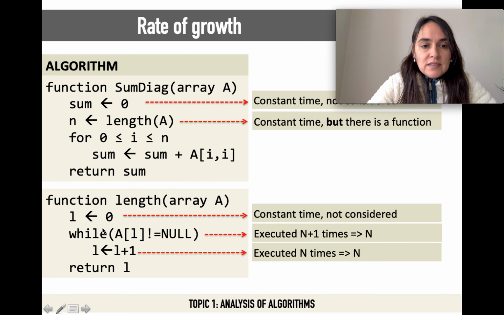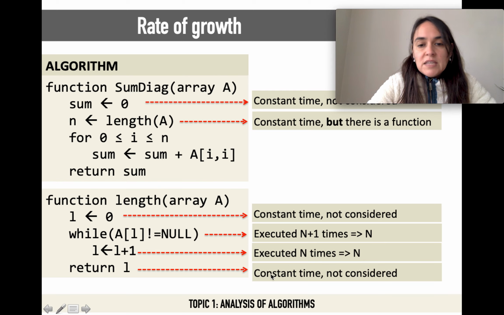This instruction inside the loop is executed n times, so this is n, and the return takes constant time, not considered. So if we sum only the terms that are dependent on the input size, this will be 2n, but constants, again, we get rid of them, so this is just n.